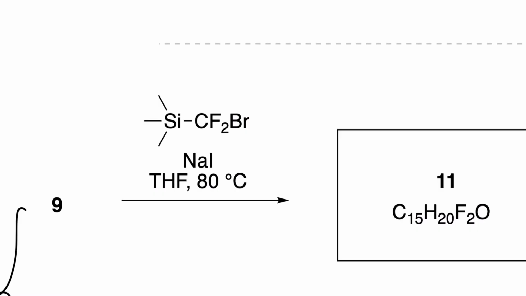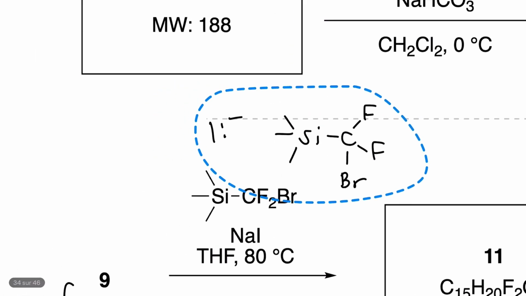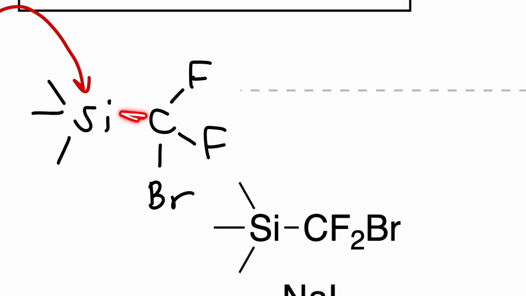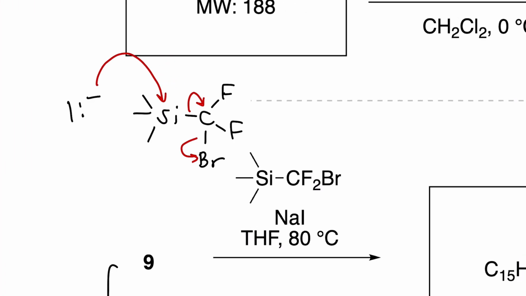So your silane will be attacked by an iodide. And then the Si-C bond will return to the carbon, kicking out the bromide. It probably doesn't happen all in one step, but this is the intuitive way of seeing it.